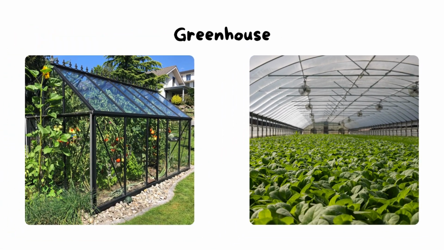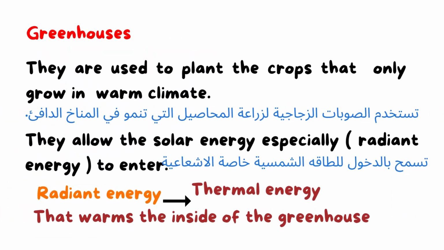Here we said that solar energy is used in greenhouses. What's the meaning of greenhouse? As you see here, it is a glass building in which we plant many crops, okay. So we can say greenhouses are used to plant crops that only grow in a warm climate. Why?